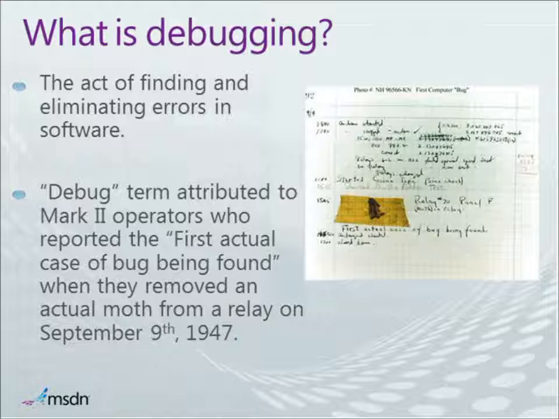So what is debugging? Well, debugging is a very simple act of removing any issues within the code. The whole process of debugging an application is basically identifying and eliminating those software errors that can occur in code. Now, the term debug an application is actually attributed to computer users. In fact, one of the very earliest computers was the Mark II computer.